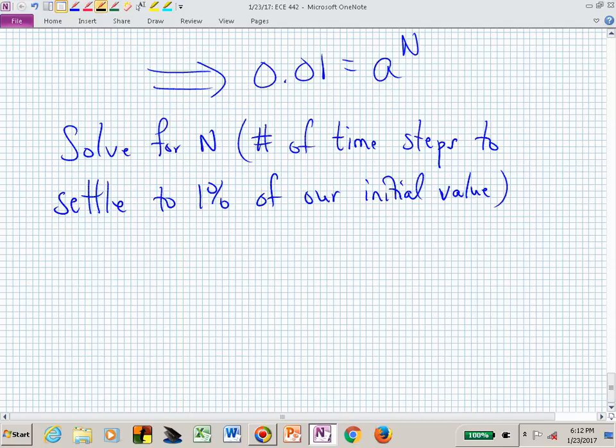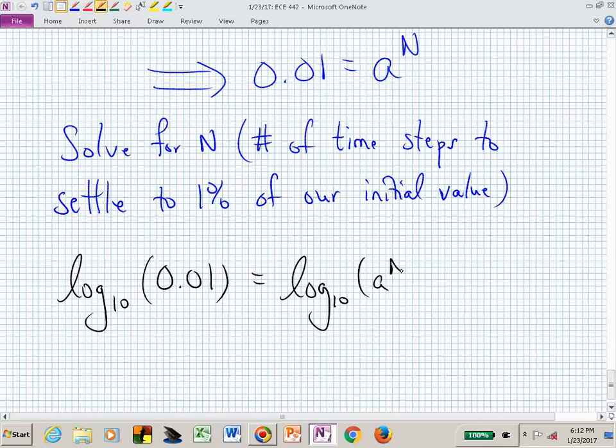Logs are just exponents. So we now look at, let's say, log base 10 of 0.01, since that will be pretty easy to find. I'm taking the logarithm of both sides of that governing relationship. 0.01 is equal to A to the n. This is now log base 10 of A to the capital N, or that's n log of A, and that log is base 10 log.